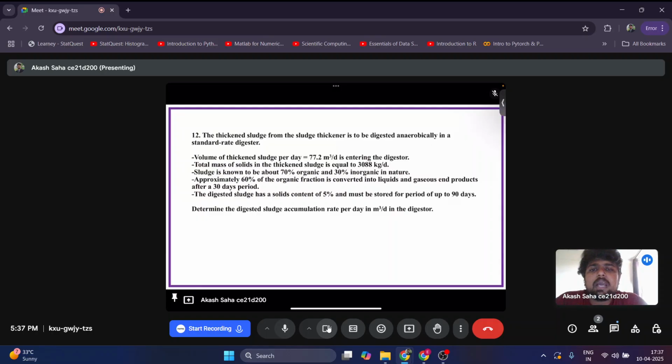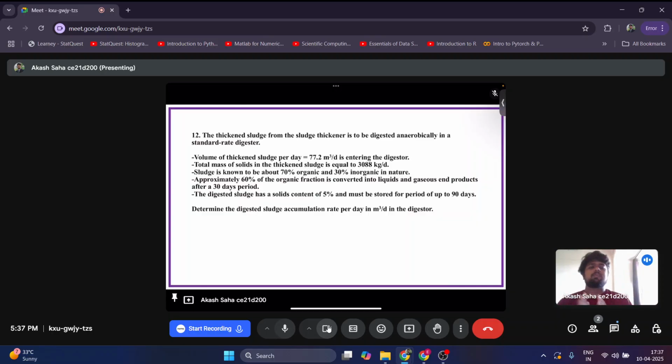Sludge is known to be about 70% organic and 30% inorganic in nature. Approximately 60% of the organic fraction is converted into liquid and gaseous end products after a 30 days period. The digested sludge has a solid content of 5% and must be stored for a period up to 90 days. Determine the digested sludge accumulation rate per day in meter cube per day in the digester.